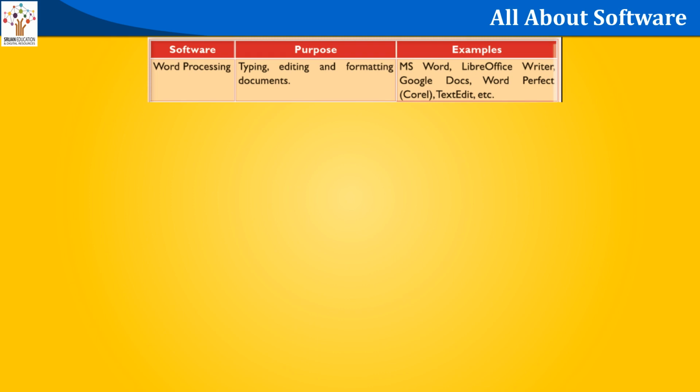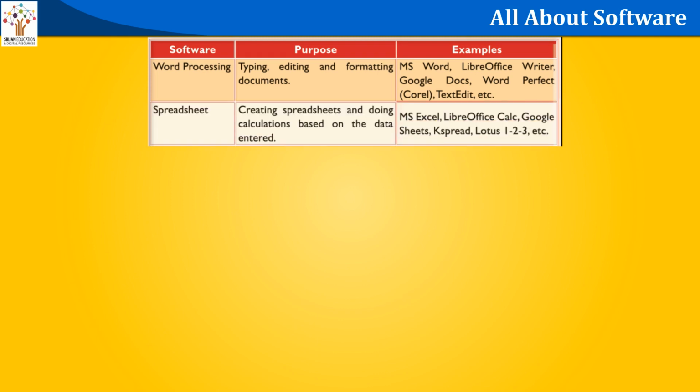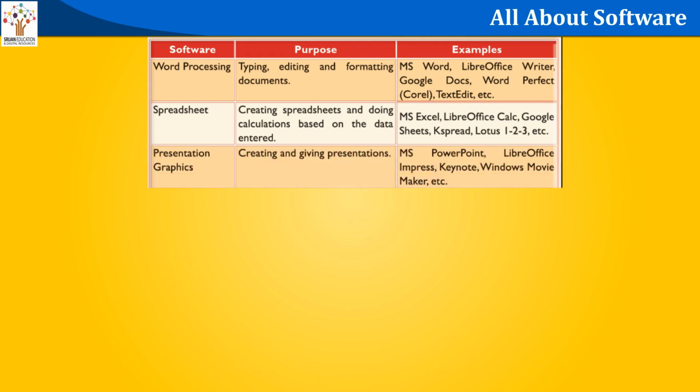Word processing, typing, editing and formatting documents: MS Word, LibreOffice Writer, Google Docs, Word Perfect, Corel, Text Edit, etc. Spreadsheet, creating spreadsheets and doing calculations based on the data entered: MS Excel, LibreOffice Calc, Google Sheets, Kspread, Lotus 123, etc. Presentation graphics, creating and giving presentations: MS PowerPoint, LibreOffice Impress, Keynote, Windows Movie Maker, etc.